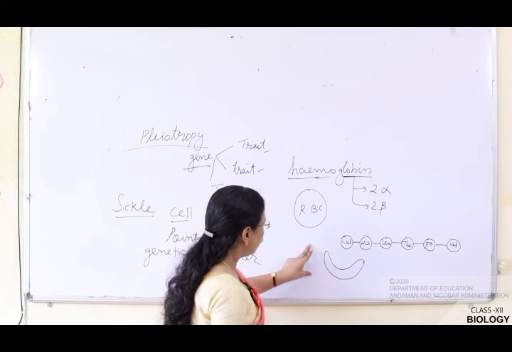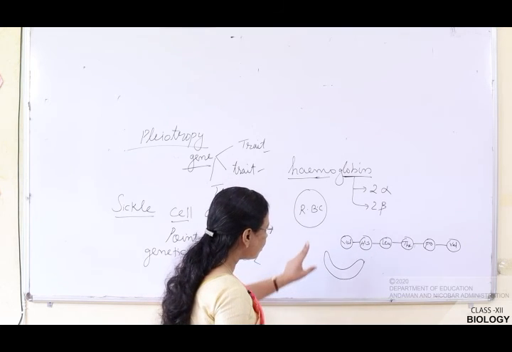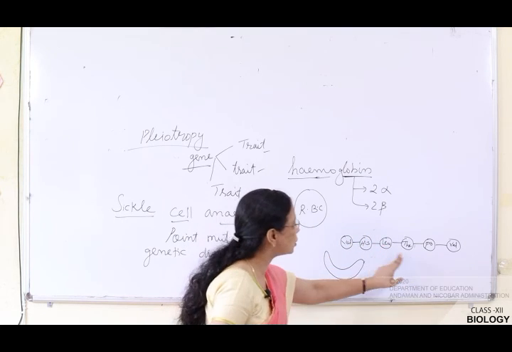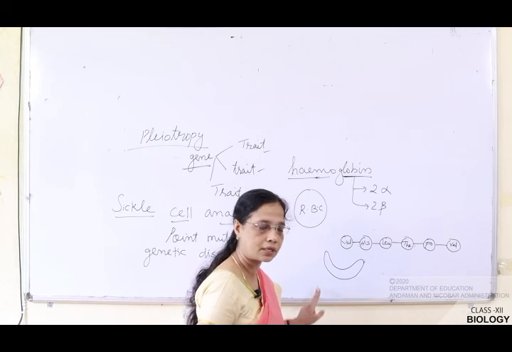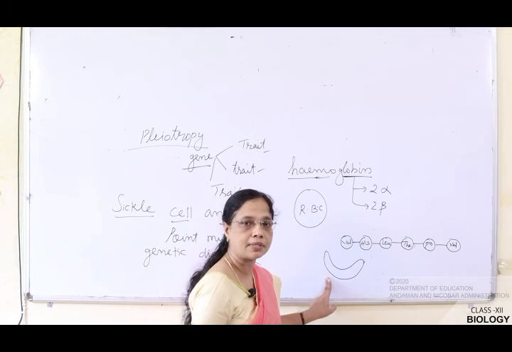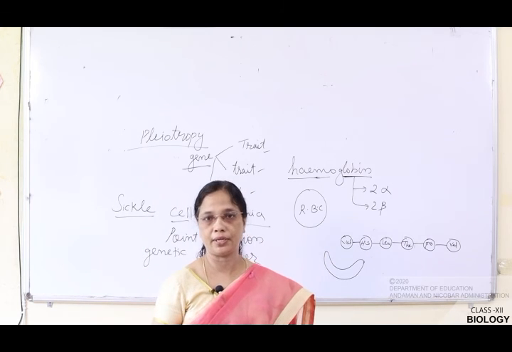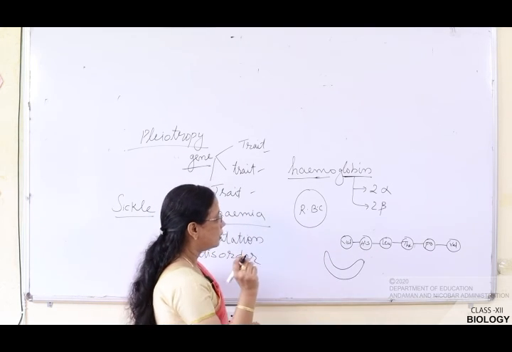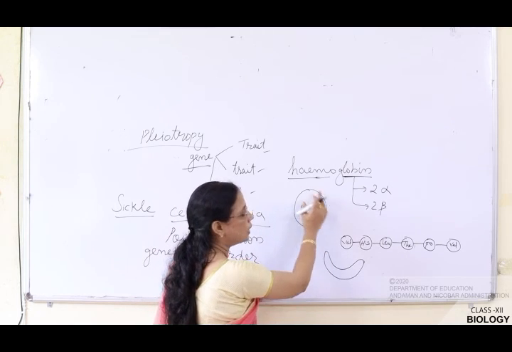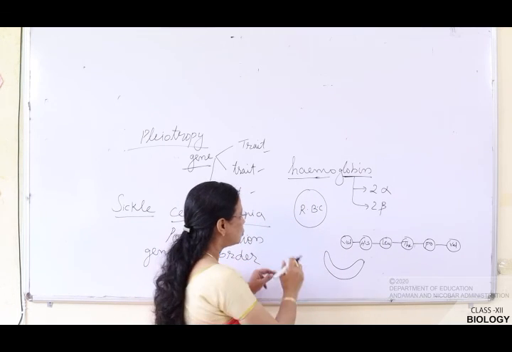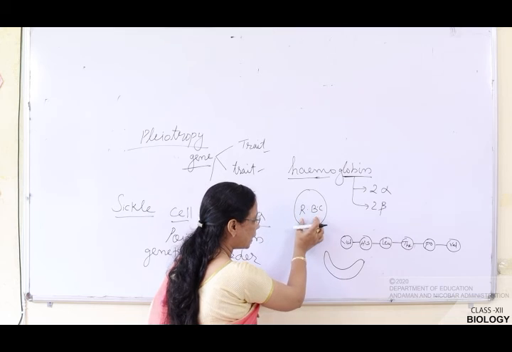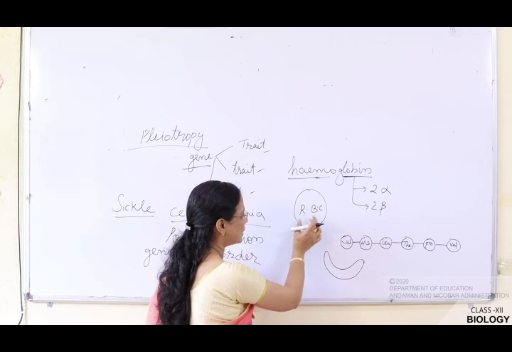So what you have seen, these are the problems which are caused by the structure of the hemoglobin changed and shape of the RBC changed. But these patients can survive in the malaria prone area. Why? Because the malaria parasite can survive in the RBC. For the multiplication of malarial parasite, what do they require?